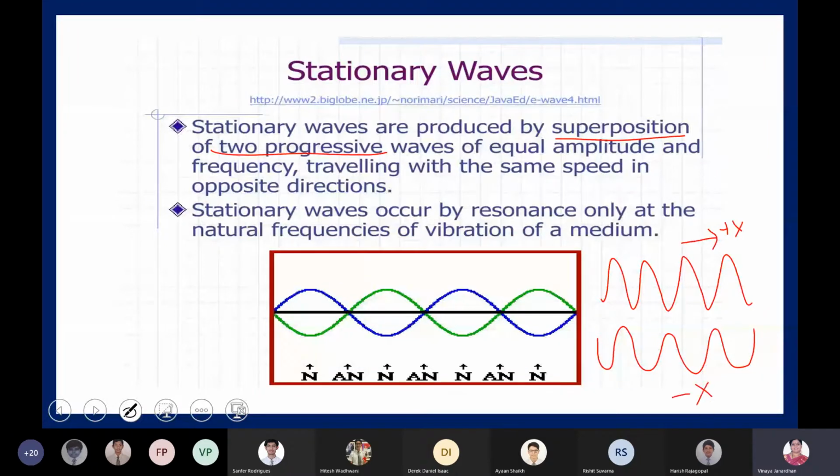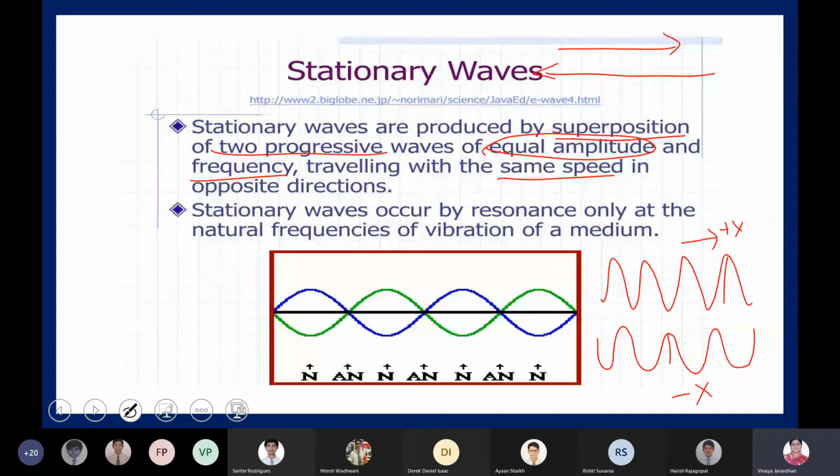The condition is that both waves should have the same amplitude, the same frequency, and travel with the same speed in the same medium.